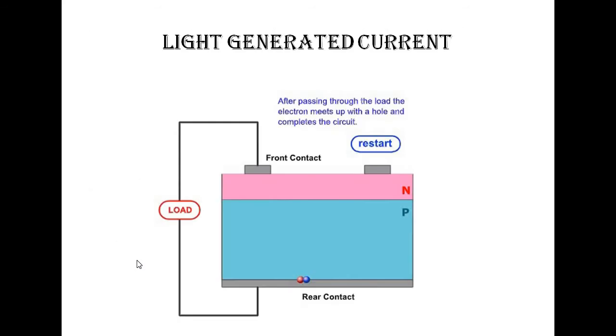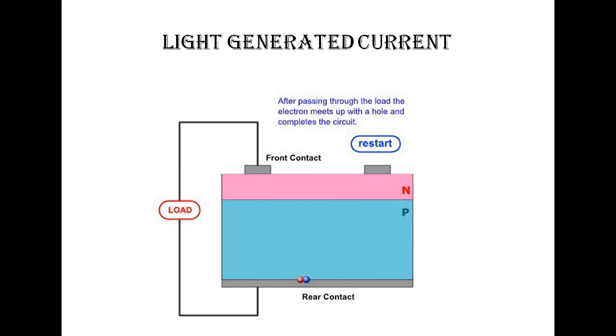Okay. Now, when the current is generated and the light energy is converted into electrical energy, the generation of a current in a solar cell, known as light generated current, involves two key processes.